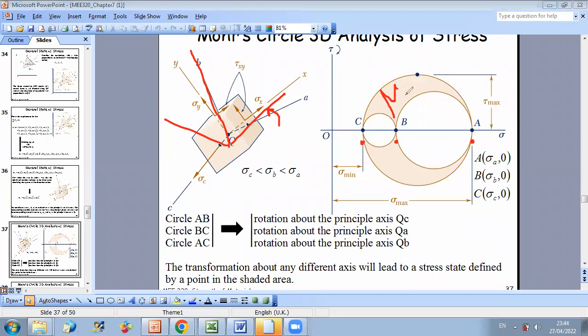So the state of stress will be somewhere in the shaded area, limited by the three circles corresponding to rotation about the principal axes. So this is how we can use Mohr circle in 3D analysis.